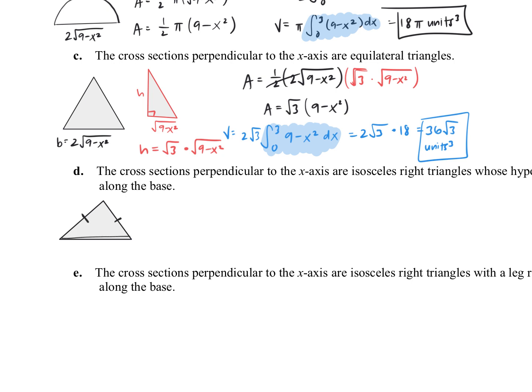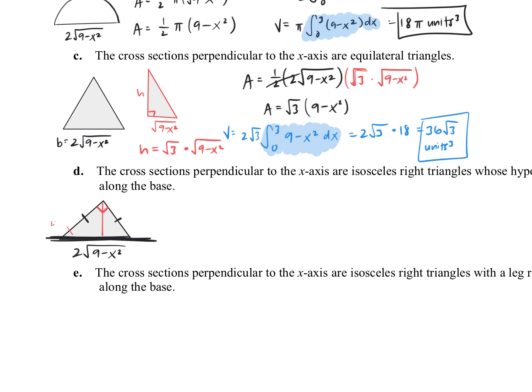This is what is on the graph, and then the triangle comes outside of the paper. My hypotenuse down there is going to be our length of 2 times the square root of 9 minus x squared. And now to find my height, this was a 90-degree angle, right?